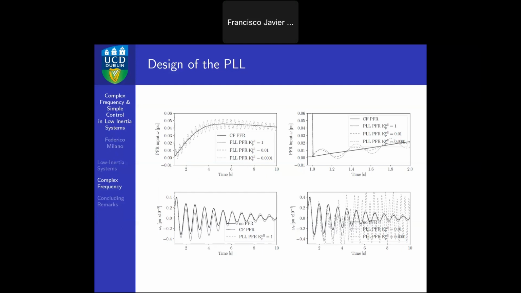Question: For the grid following, because you are talking about the PLL, how would you estimate this internal frequency? Well, in the simulation, I can calculate it very precisely, so I took that. I didn't make in the model the estimator that estimates the internal frequency. I calculated it with the formula that I showed, which for a simulation is easy, right?